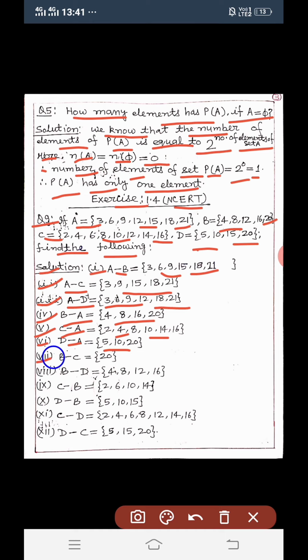B minus C is equal to {20}. B minus D is equal to {4, 8, 12, 16}. C minus B equal to {2, 6, 10, 14}. D minus B equal to {5, 10, 15}. C minus D equal to {2, 4, 6, 8, 12, 14, 16}. And D minus C is equal to {5, 15, 20}.